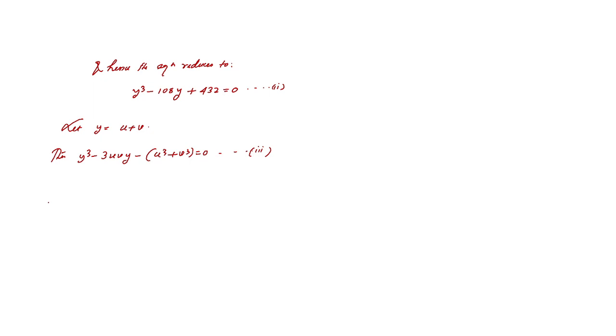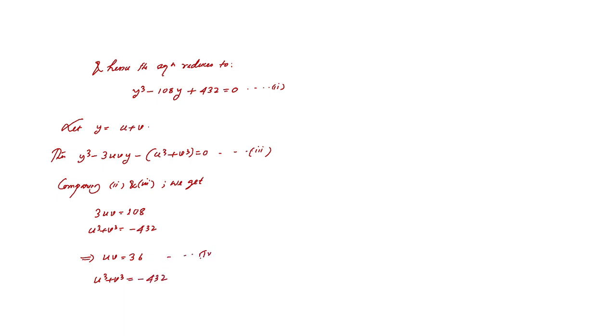Now comparing 2 and 3, just as in type 1, we get 3uv equals 108 and u cube plus v cube equals minus 432. So that means uv equals 36 and u cube plus v cube equals minus 432. This is equation 4 and this is equation 5.